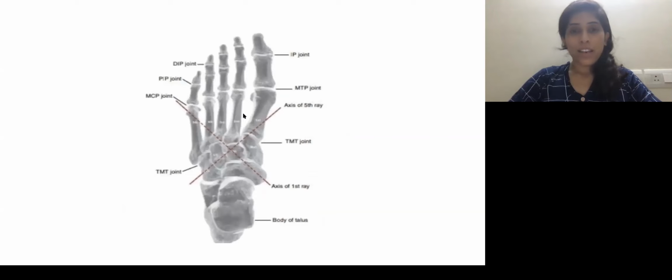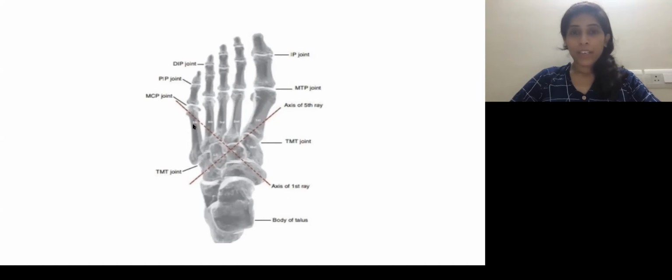So how are these tarsometatarsal joints formed? The first tarsometatarsal joint is formed by the articulation of the medial cuneiform with the first metatarsal. The second is formed by the intermediate cuneiform and the second metatarsal. The third is formed by the articulation of the third metatarsal and the lateral cuneiform bone.